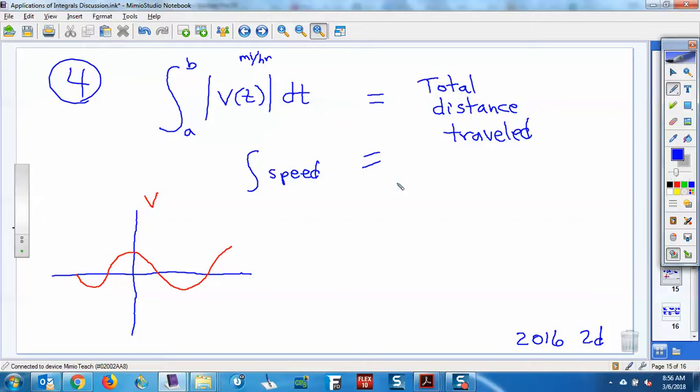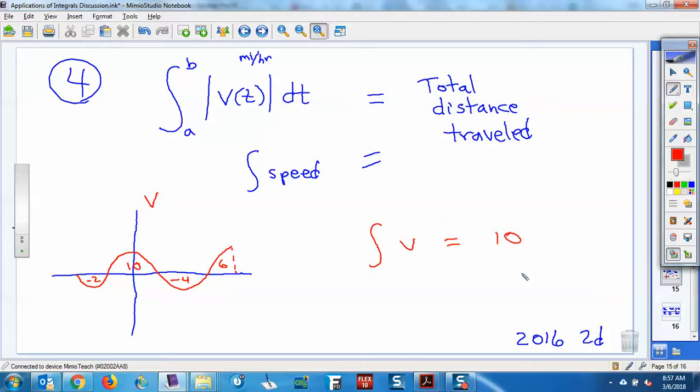So if I was doing a problem like this, and this was my velocity graph, I put it in red here, and this was -2, and this was 10, and this was -4, and this area right here, let's say, was, I don't know, 6. Now, if you did the integral of the velocity, that would give you 8, 4, 6, that would be 10, right?